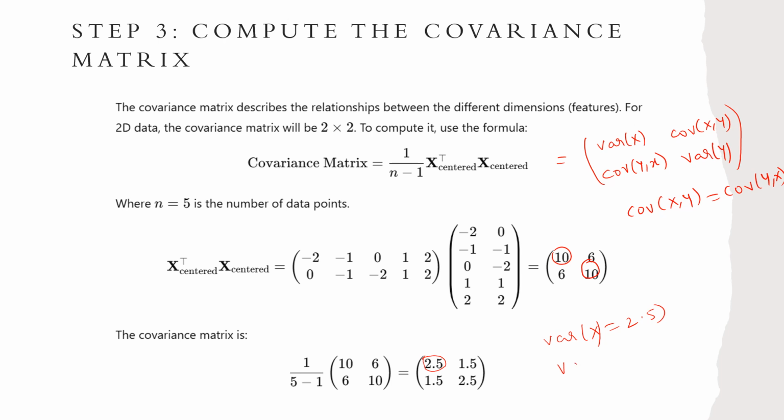Variance of y is 2.5 again. Then covariance of xy, which is equal to covariance of yx, is equal to 1.5. Okay, so this is how I can get the covariance matrix.